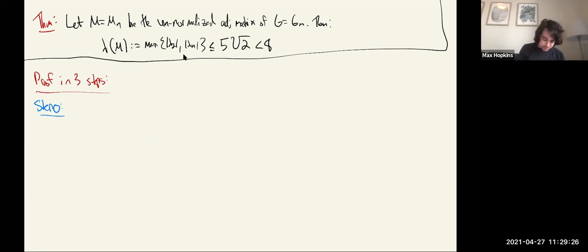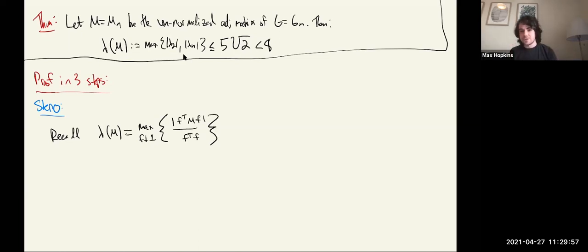So first of all, let's recall. I'm cheating slightly in the sense that we proved something very similar to this, the variational characterization of eigenvalues, before we did Cheeger's bound, but it was a little different. But I claim that lambda_M is equal to the maximum over functions f orthogonal to 1 of the absolute value of the Rayleigh quotient, f transpose M f over f transpose f.